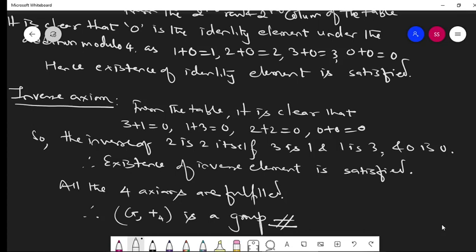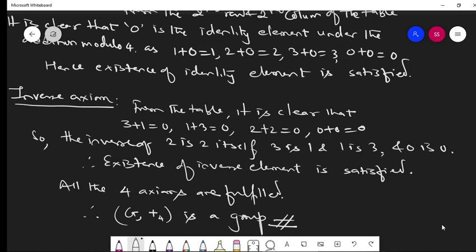In the second part we need to verify that under the multiplication modulo 4 the same elements are not a group. Now, the Cayley's table for G under multiplication modulo 4, which is simply denoted by cross 4, is presented below.